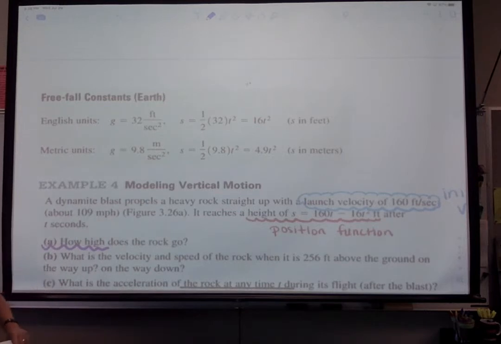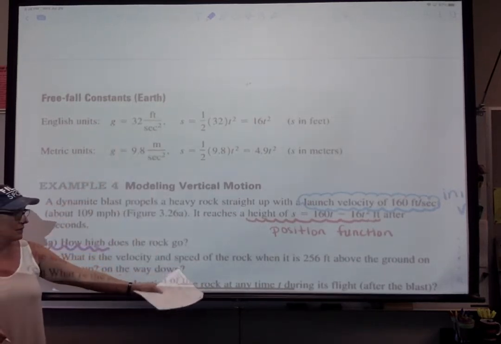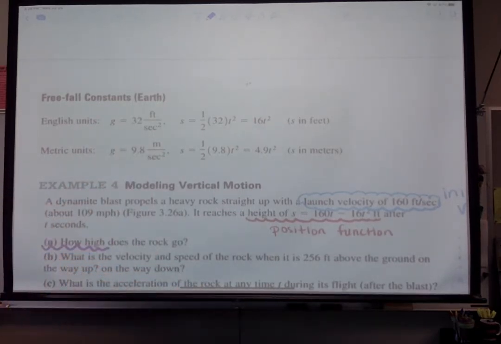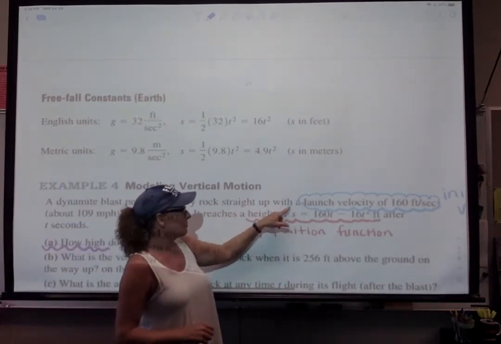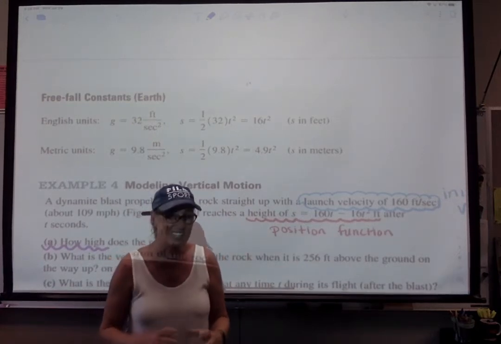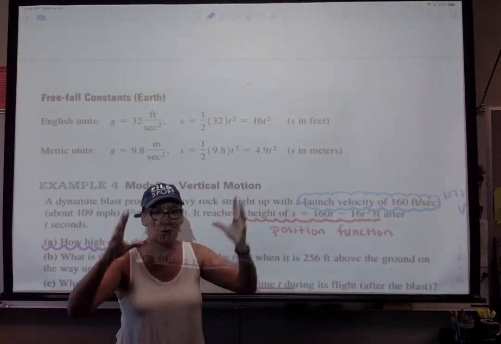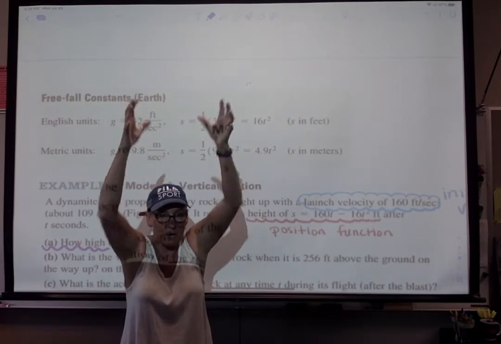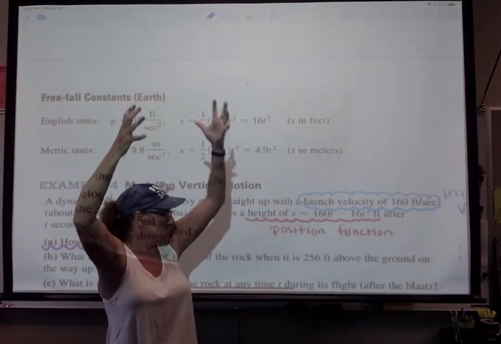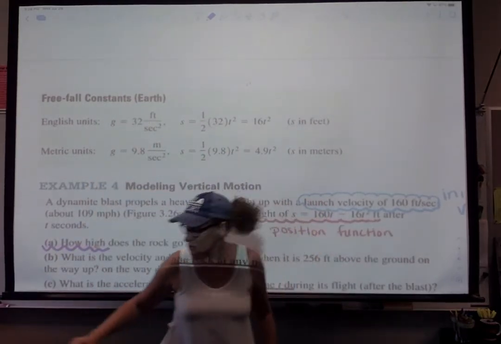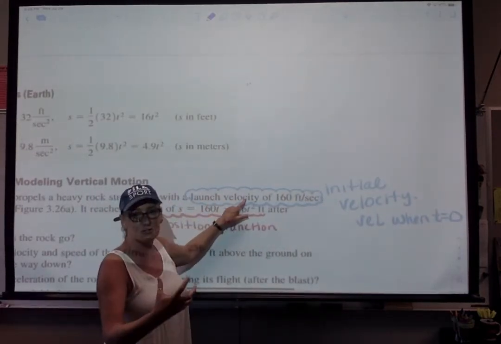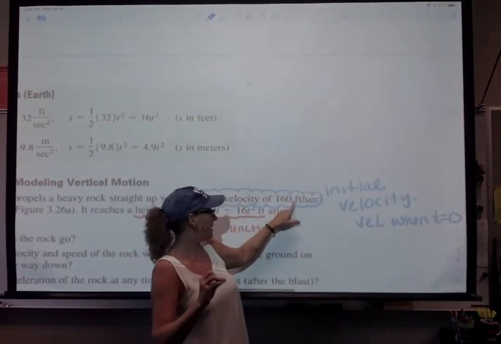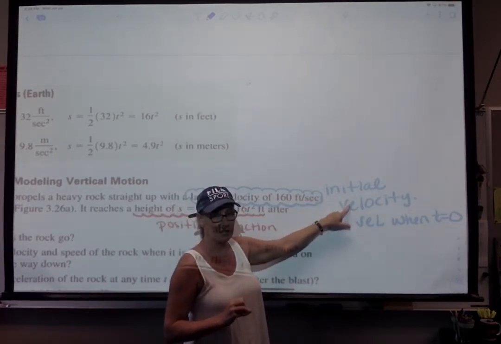All right, we're not going to need those in today's notes. Today's notes, all the values are already given for you. So here we go. A dynamite blast propels a heavy rock. So the rock was sitting on the ground, it blew up, and it blew straight up, okay? Its initial velocity, this is so important, its launch velocity, was 160 feet per second.